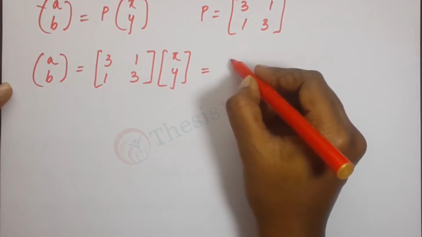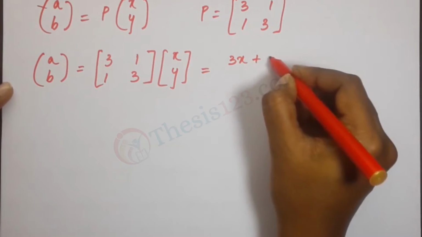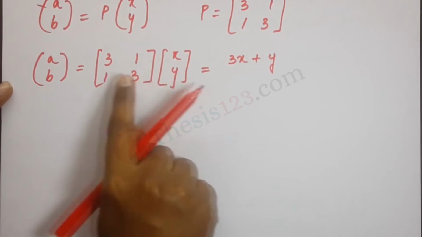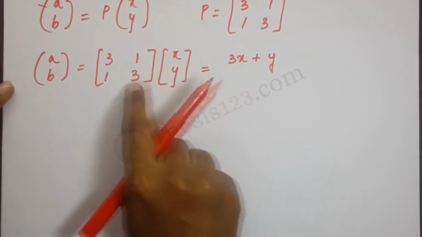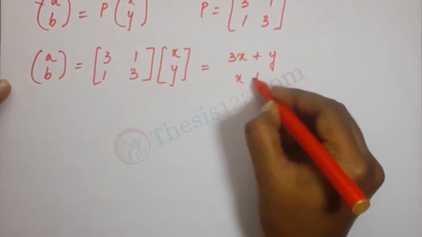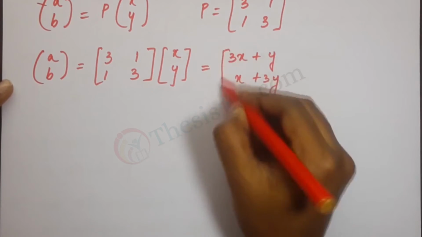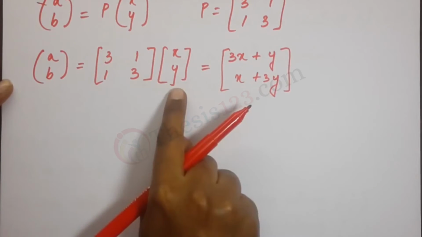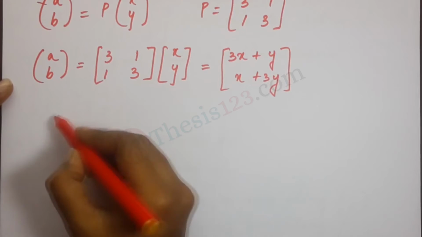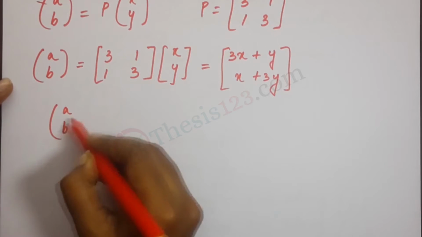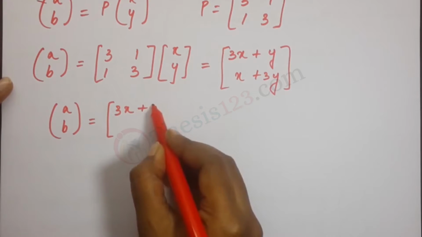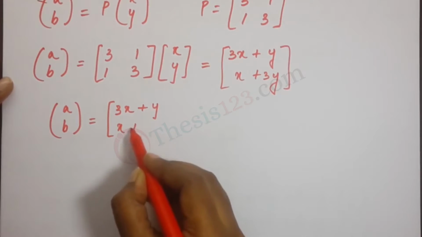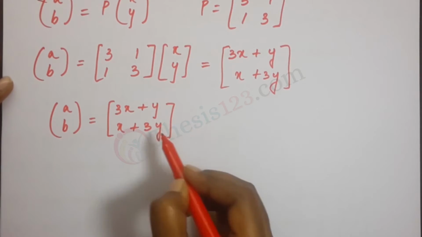We get 3x plus y, that's our first element, and the second element is x plus 3y. So this gives us a, b is equal to 3x plus y, x plus 3y.